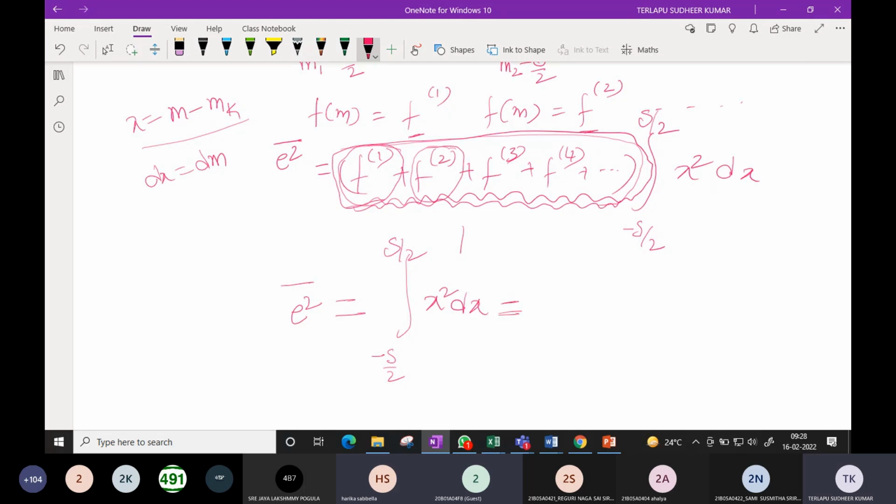How much? You evaluate the integral and tell me the mean square quantization error. I think you all know the integration, right?